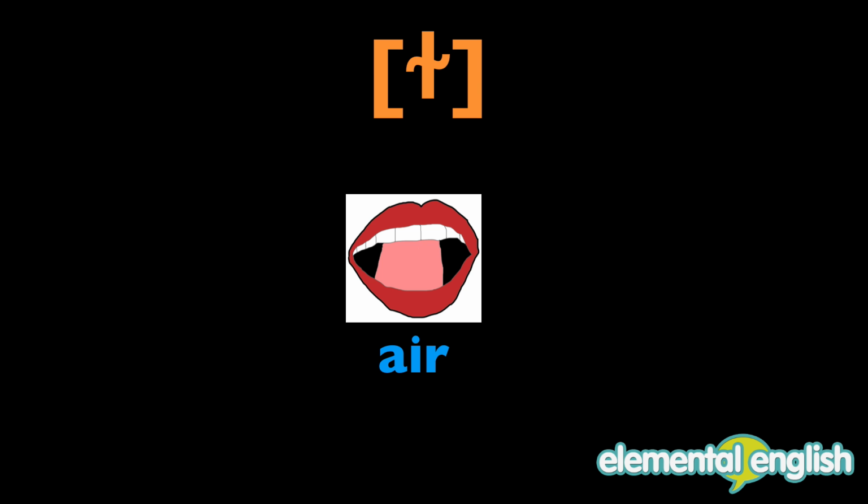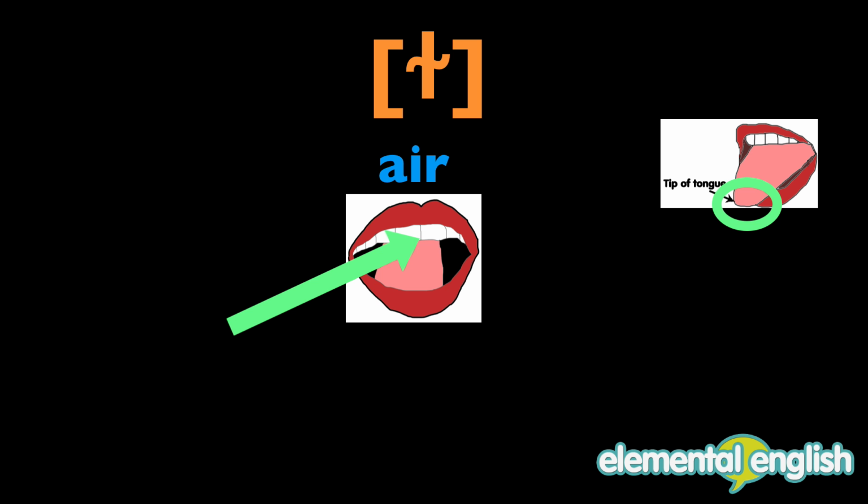To produce it, allow, quote, "the air to pass over and on both sides of the tongue with the tip of the tongue touching the alveolar ridge," which is right behind your top teeth. That quotation comes from Teaching Pronunciation by Celce-Murcia, Brinton, Goodwin, Cambridge University Press, 2009.